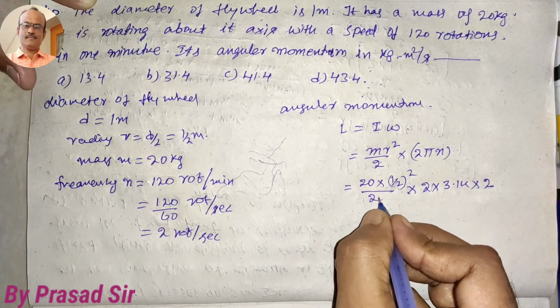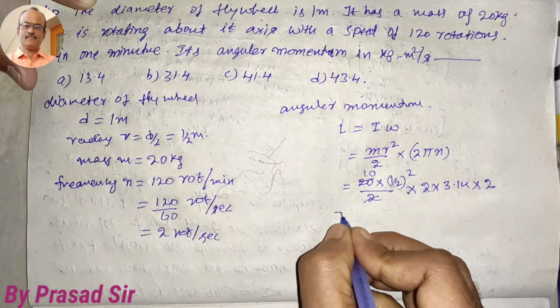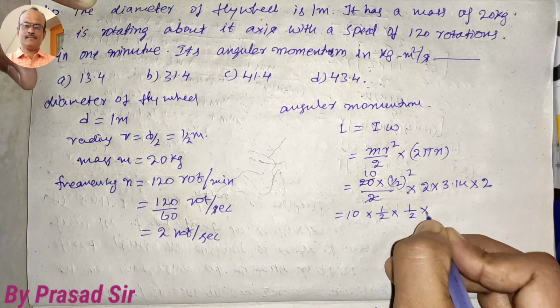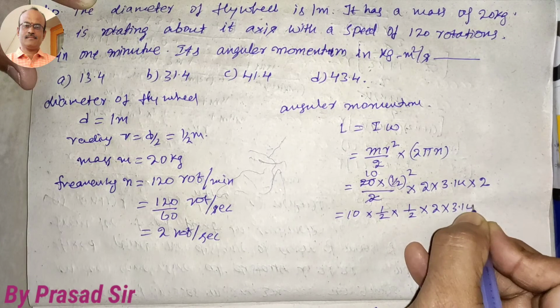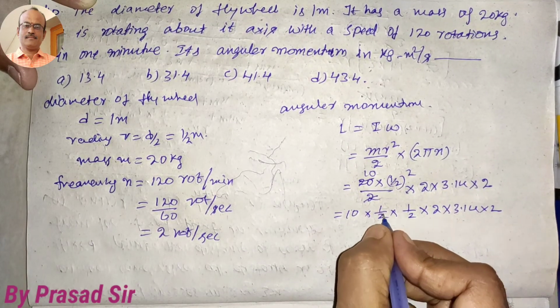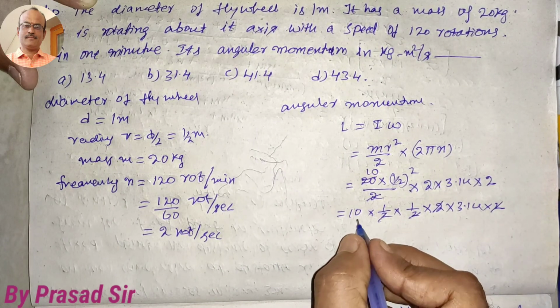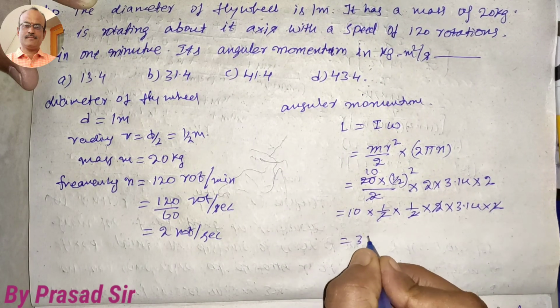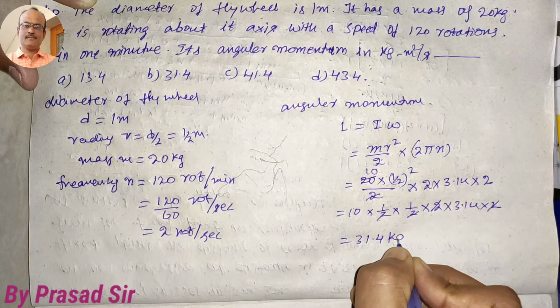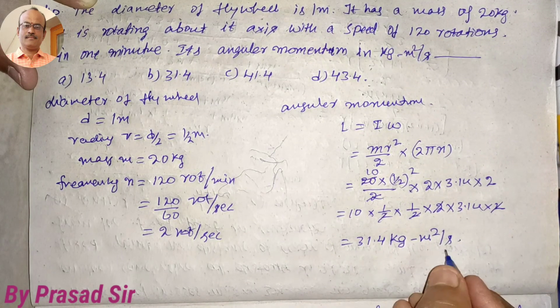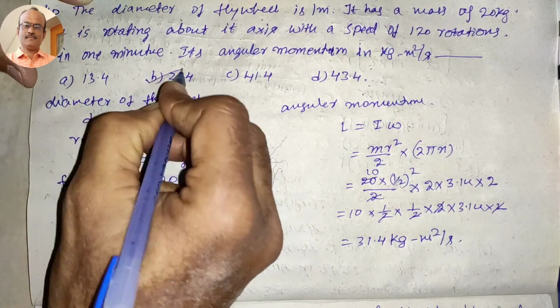So here 2 tens are 10 into 1 by 2 into 1 by 2 into 2 into 3.14 into 2. Here 2 cancels, here 2 cancels. 10 into 3.14 is 31.4 kilogram meter square per second. So which option is correct here? Option B is correct.